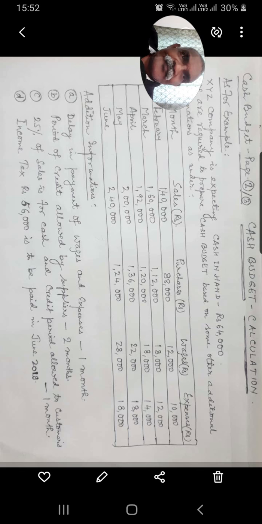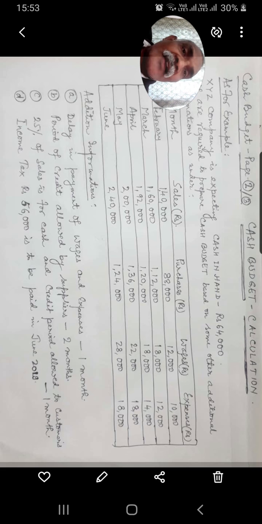Suppose XYZ is one company, expecting cash in hand 64,000. If I say how we prepare this cash budget, is it possible with the help of only this 64,000? No. You need some other information also.